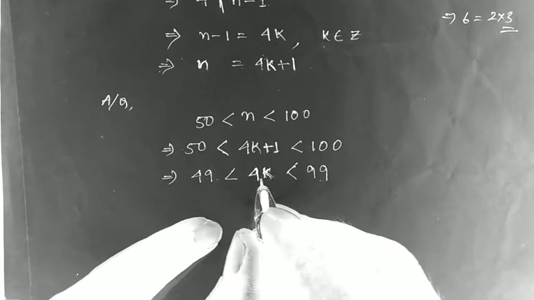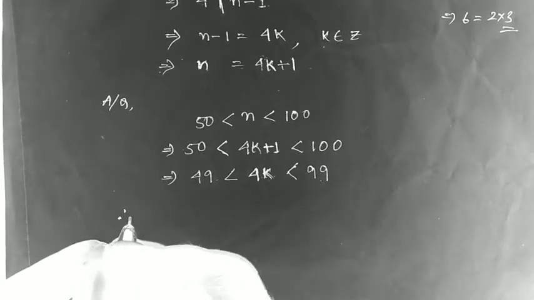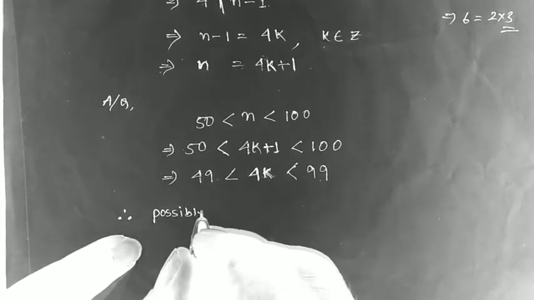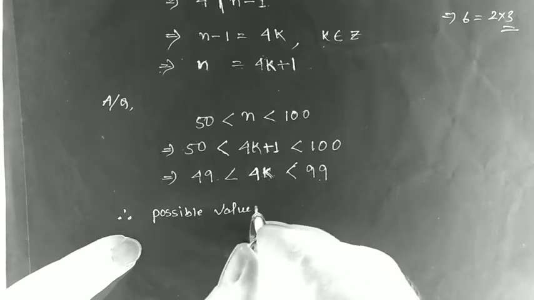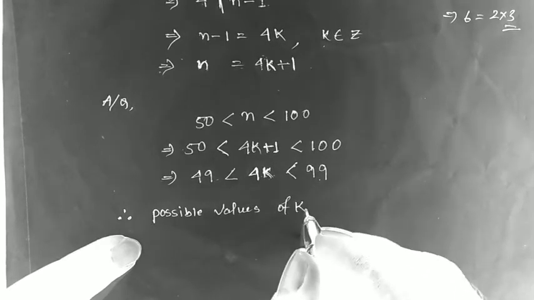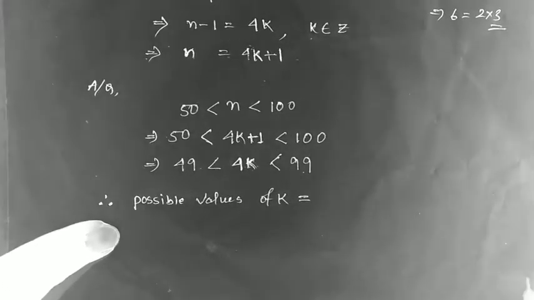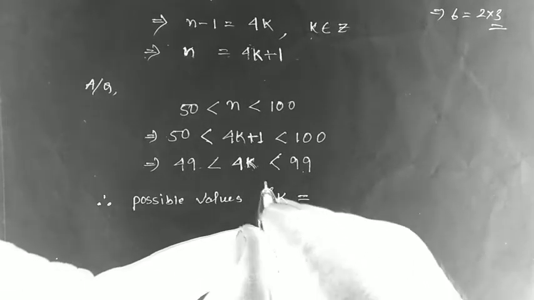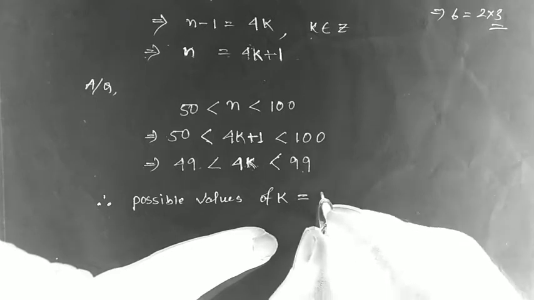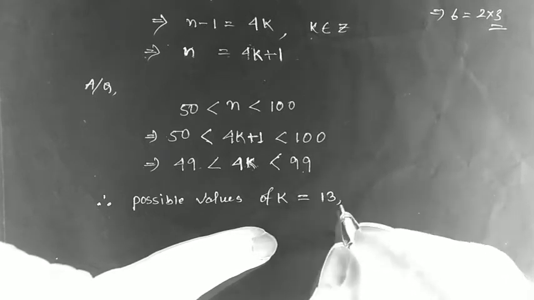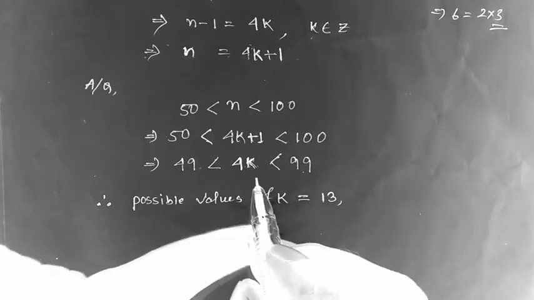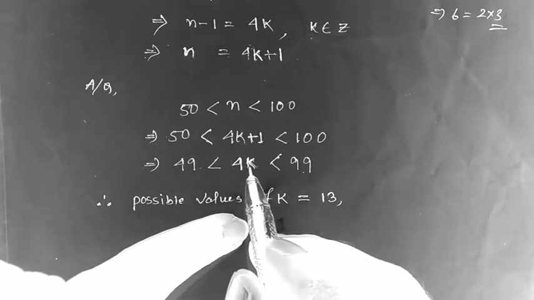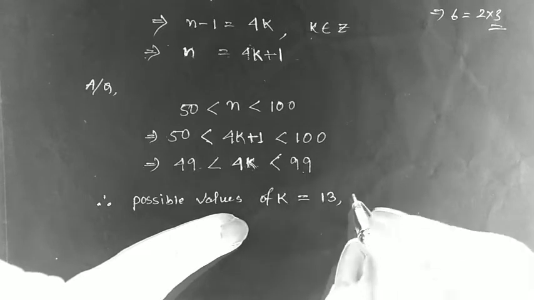And therefore we can write the possible values of k. First one is 13, so for the second one, if we put 14, then 4 14s are 56, which is also correct.